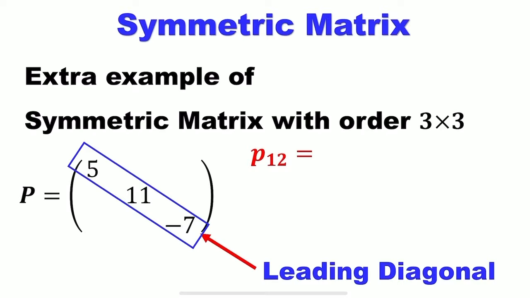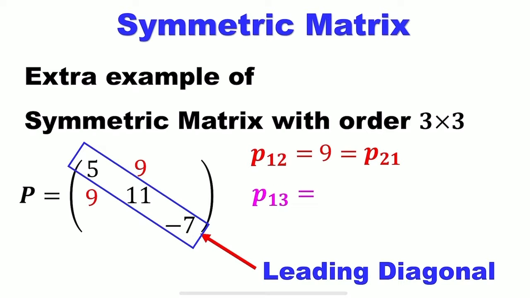Let's say the entry P12, which means the entry at row number 1, column 2, is equal to 9, and this will reflect along the leading diagonal to P21. So P12 will be equal to P21.